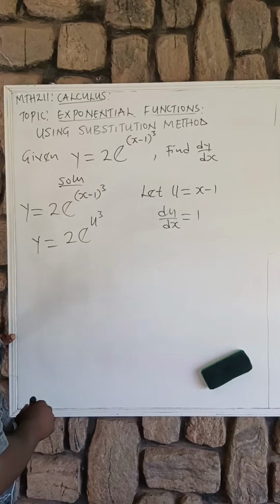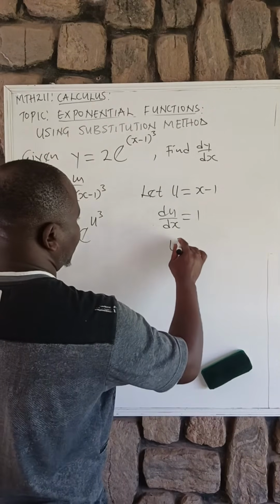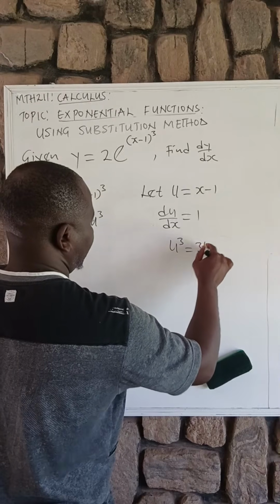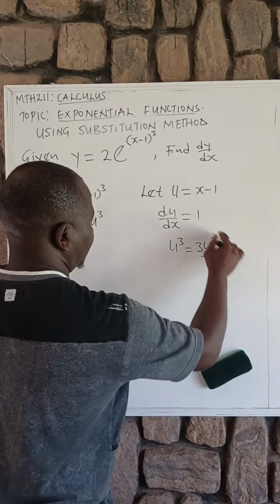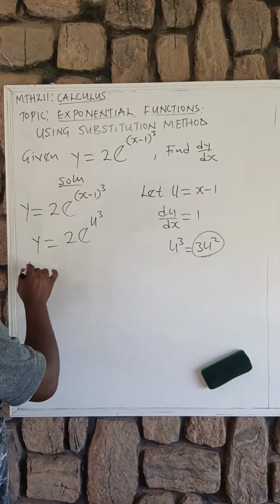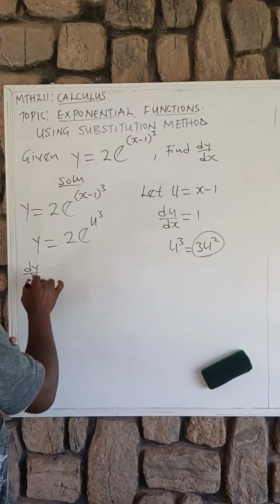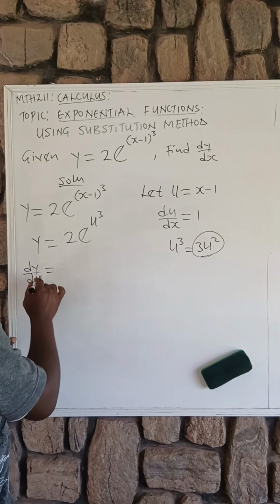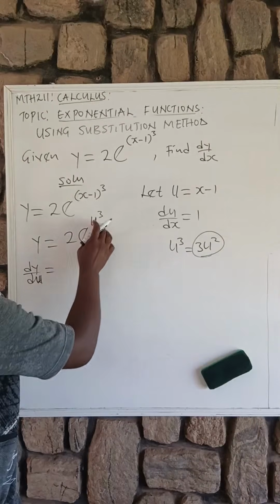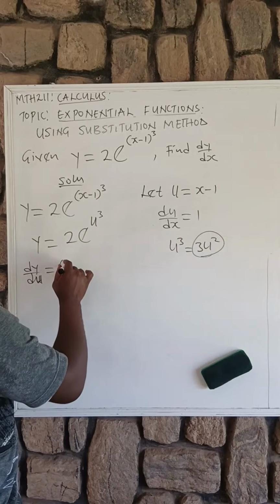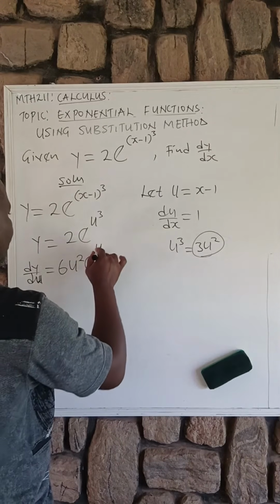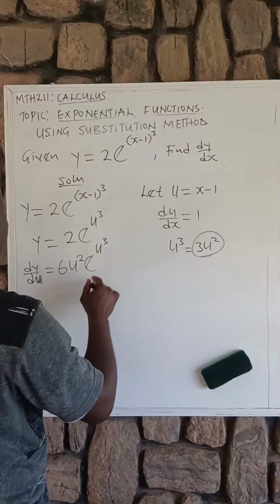Then, when we differentiate u raised to the power 3, we are supposed to have 3u squared, then use it to multiply the function. It implies that dy over du is equal to 3u squared times 2 exponential u cubed, so we are going to have 6u squared exponential u raised to the power of 3.